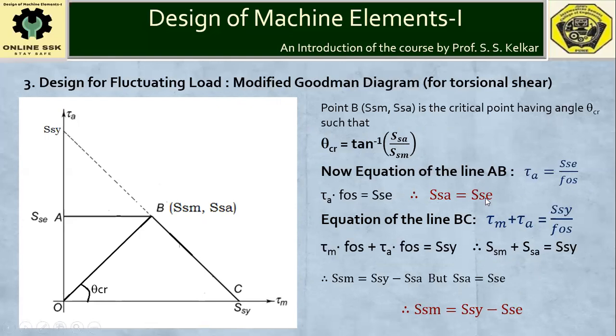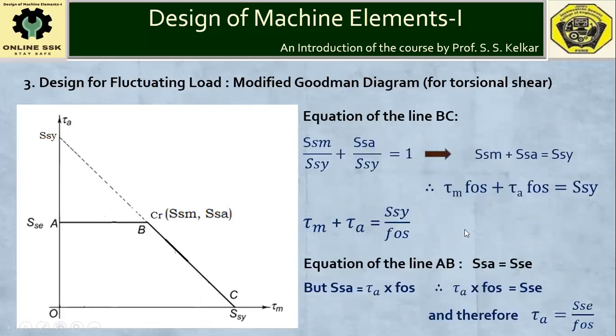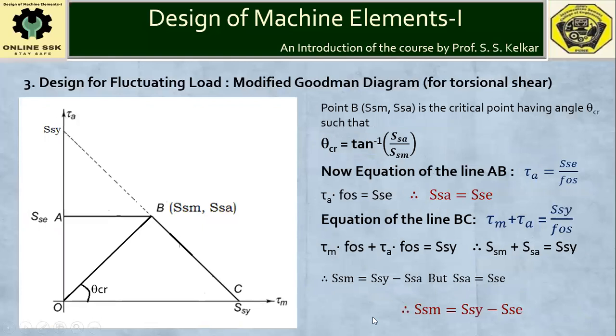Whereas from the equation of line BC, we can note that SSM plus SSA is equal to SSY. SSM plus SSA is equal to SSY. The same thing I have just repeated over here.